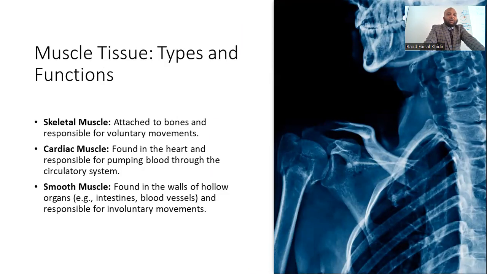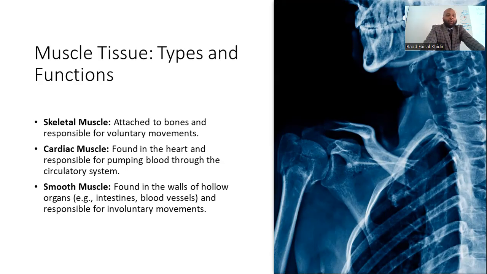So there are different types of muscles. There is skeletal muscle, like in your biceps and triceps, and that's important for tensile integrity. They are attached to the bones, and they are responsible for voluntary movement.